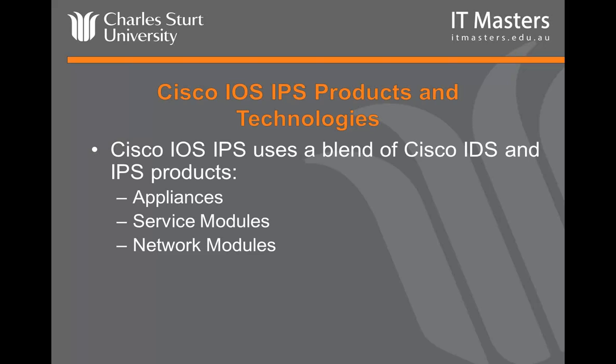So ASAs have a small component of IPS and IDS built in them. They look for some signatures, and they do some anomaly detection, but it's to a limited degree, because at the end of the day they're a firewall. Their job is to block traffic based on the security profile or policy that you configure on it.